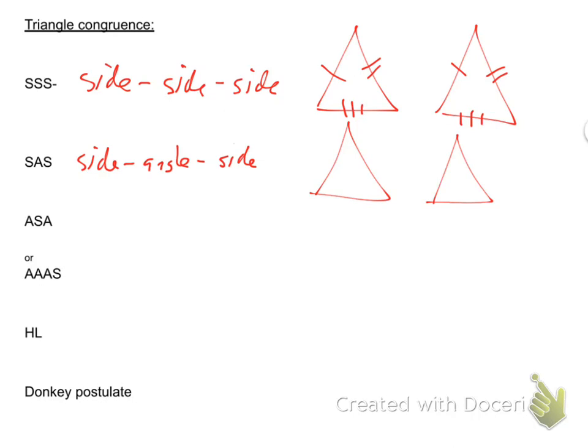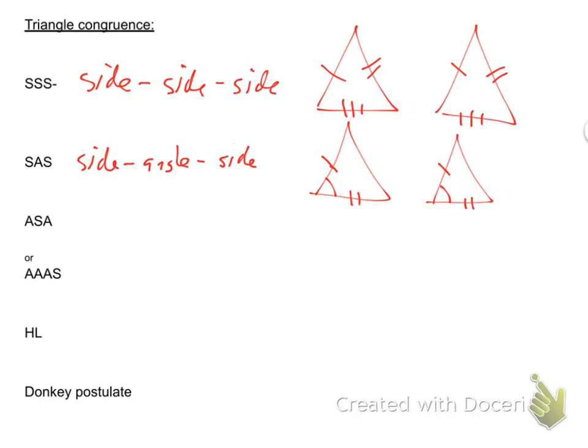It's important, though, when we're talking about side, angle, side, I have to start at a side that's congruent. Boom. Right? I got a side that's the same. I move to an angle that's next to that side. So I could say those angles are the same. And then rotating in the same direction, another side.